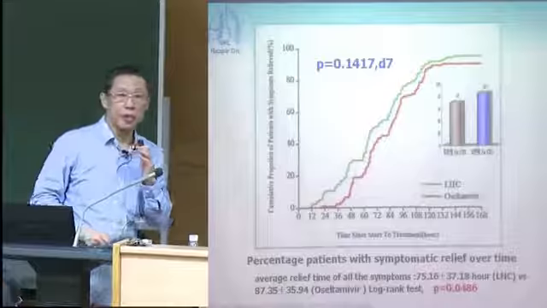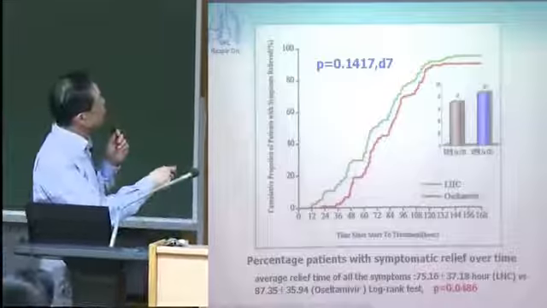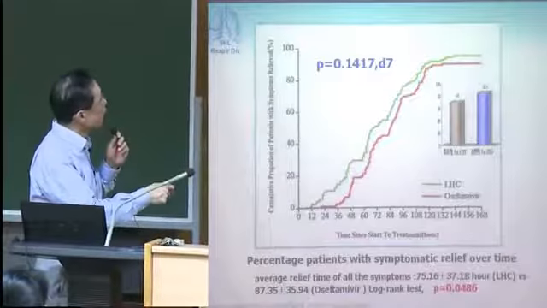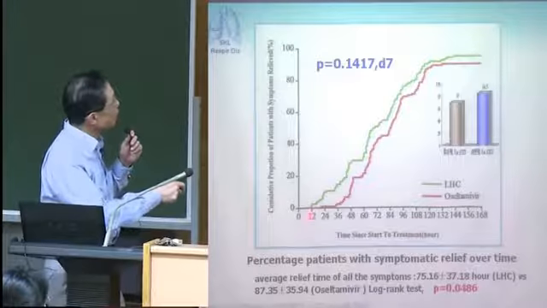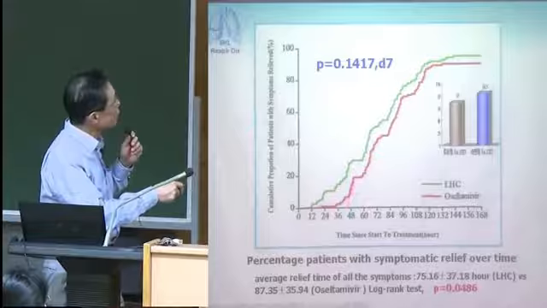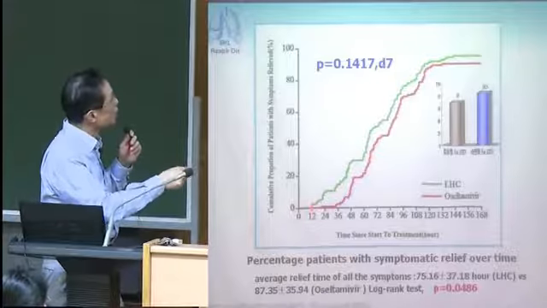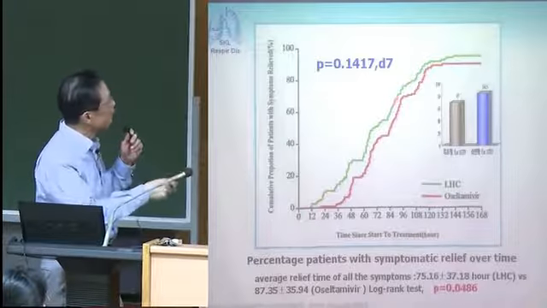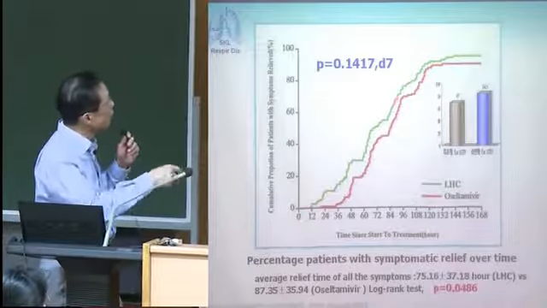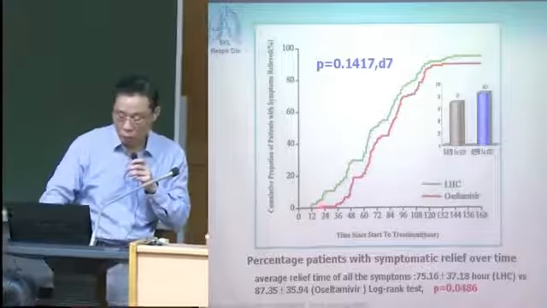And what's the result? If we look at the symptom-free rate over time, you can see this 莲花清瘟胶囊, and this is oseltamivir. The tendency is similar. At some points it's even better. 莲花清瘟胶囊 as a whole is similar. I'm not going to talk too much about this.